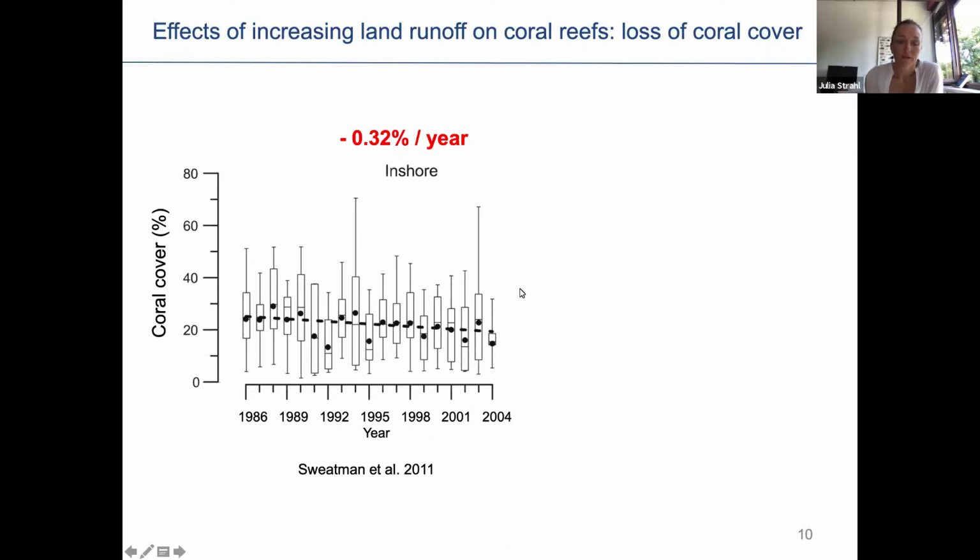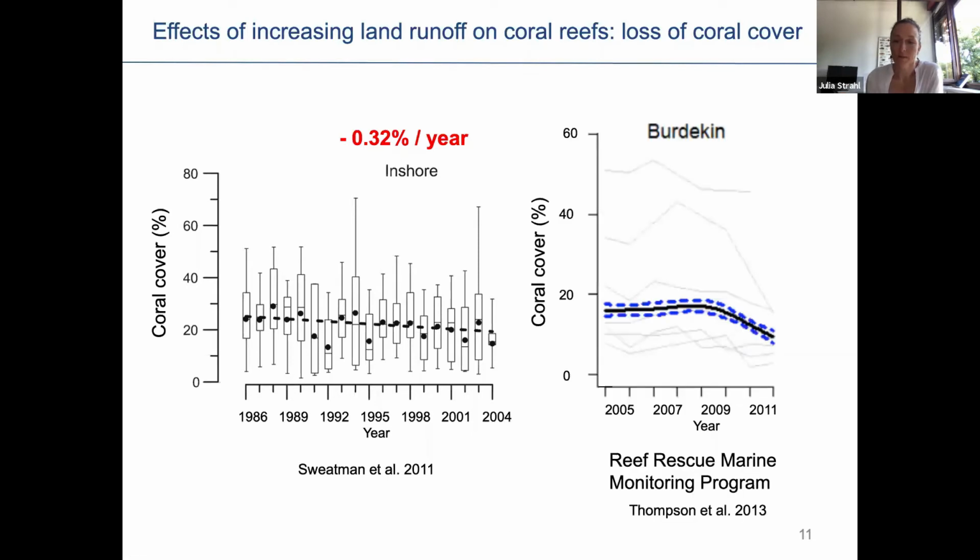Inshore reef coral cover has been decreasing for more than 3 decades. And the Reef Rescue Marine Monitoring Program, which is run by colleagues from AIMS, found that in the Burdekin region, so along the coast of North Queensland, especially since 2009, the coral cover showed a steady decline.